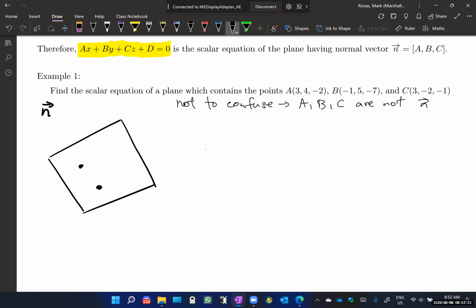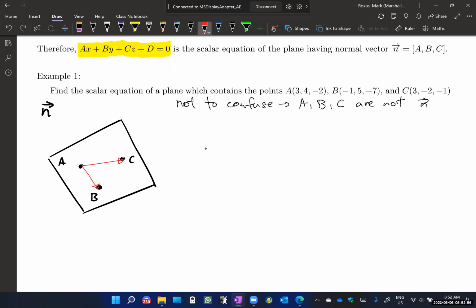Let's say these are the points A, B, and C. Now, if I was trying to get the vector equation of a plane, then I would need to create 2 vectors. I could create a vector from A to B, and I could create a vector from A to C. And if I had those 2 vectors, I could write out the vector equation of the plane.